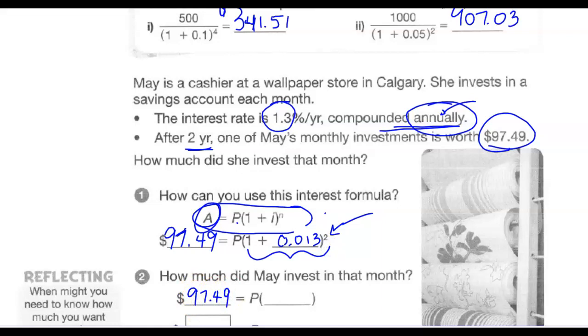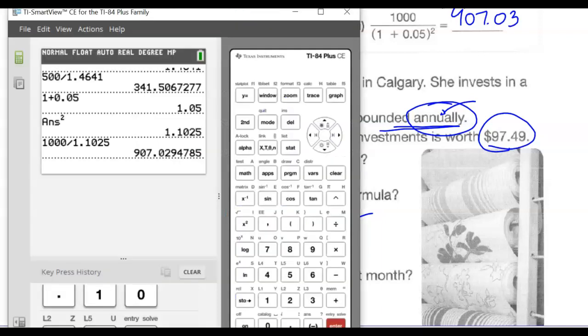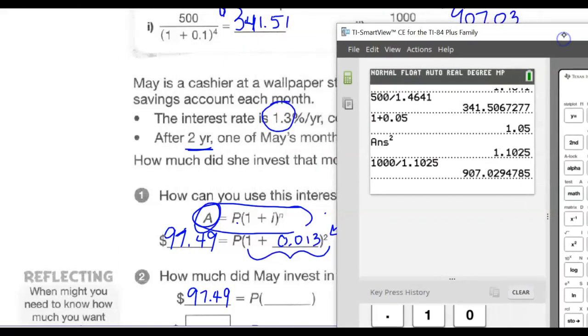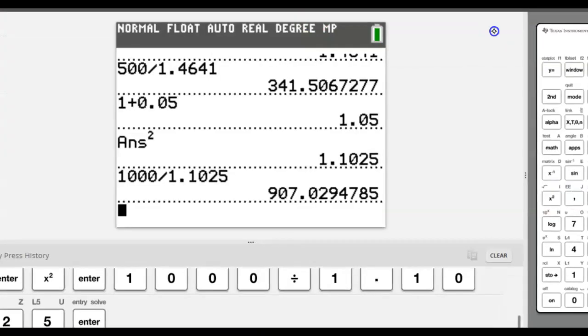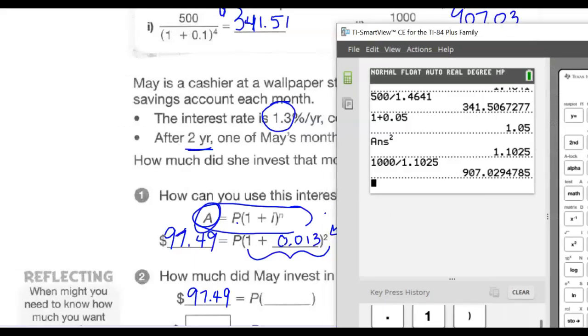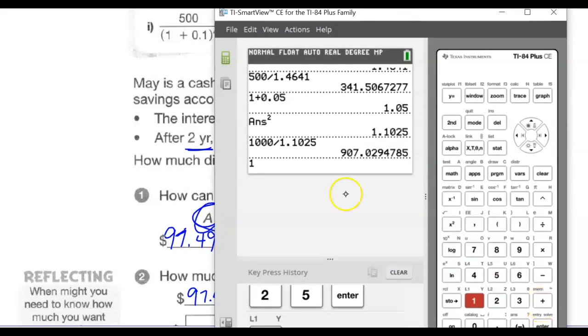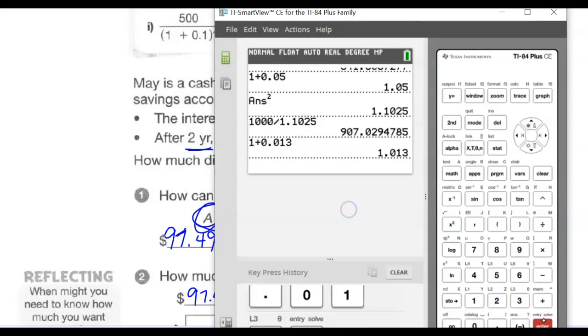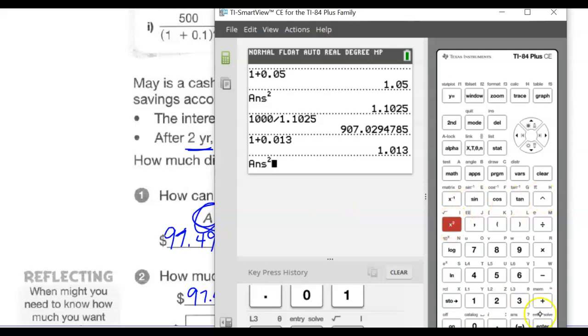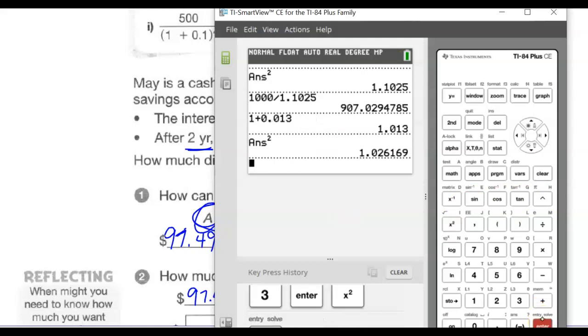So you can get out your calculator and figure out, 1 plus 0.013, so that's inside the brackets, and then we're raising that to the exponent 2, or squaring it. So I did it in 2 steps. 1.026169.